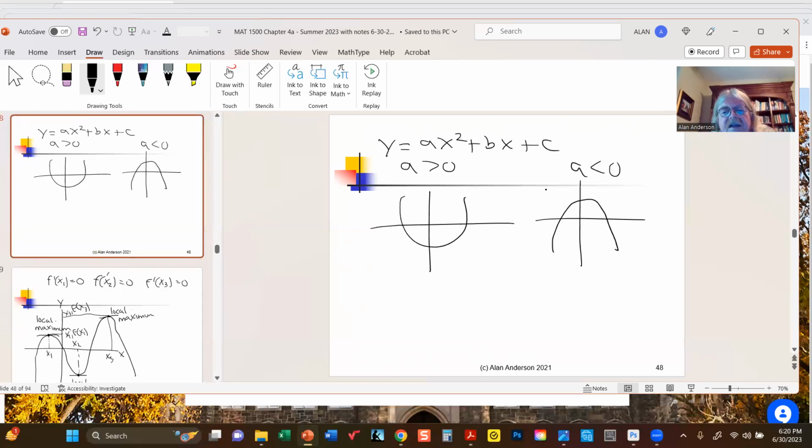But what I wanted you to see here is that there's some point where the parabola gets as small as it can get. This is our minimum point. In other words, the range cannot go below this point. The y can never have a value below this point. And here we have what we call a maximum. So the range is restricted to that point and everything down below it.